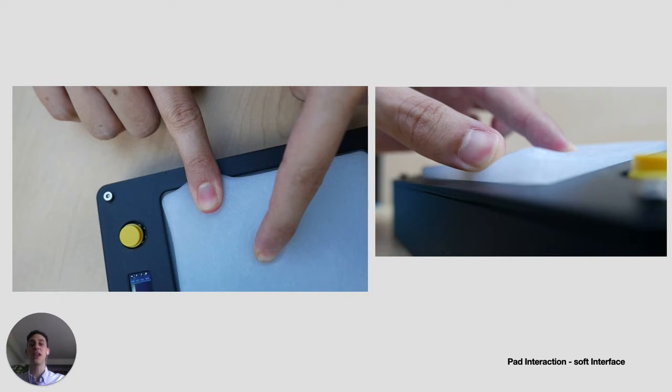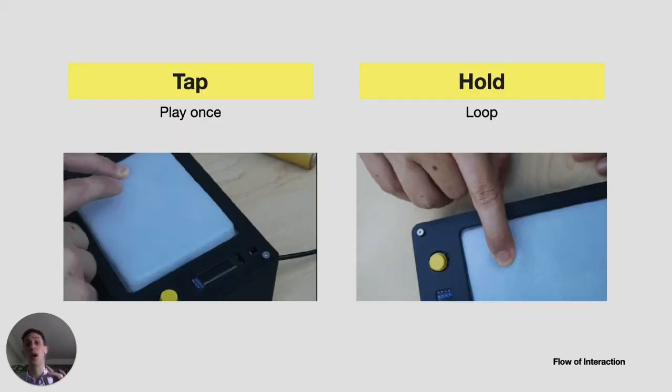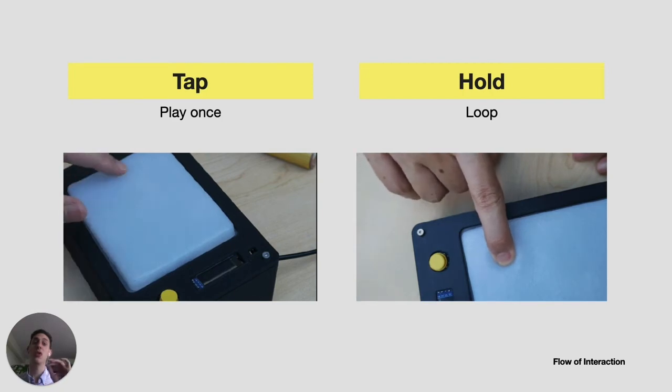The main interface for music creation is a silicone-based squishy surface. This 4.5 by 3.5 inch area creates new affordances never seen before in audio samplers, and it allows people to express themselves in a more natural and continuous way. You can play a sound once by tapping on the surface, or you can loop by holding down.